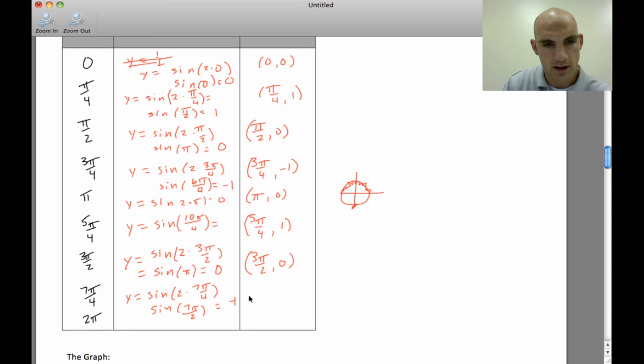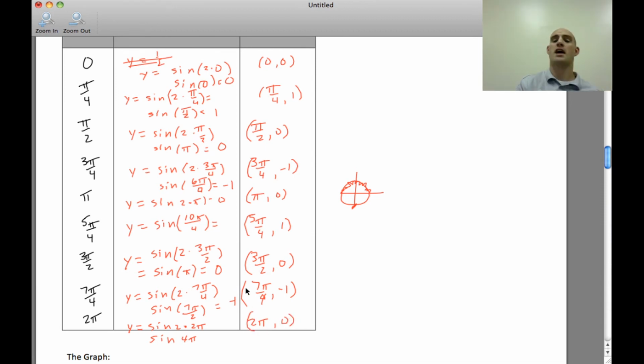So we know that's going to give us -1, so we have 7 pi over 4, comma, -1. And sine of 2 pi is going to be the sine of 4 pi, which is 2 times all the way around, which is going to be 0. So 2 pi, comma 0.